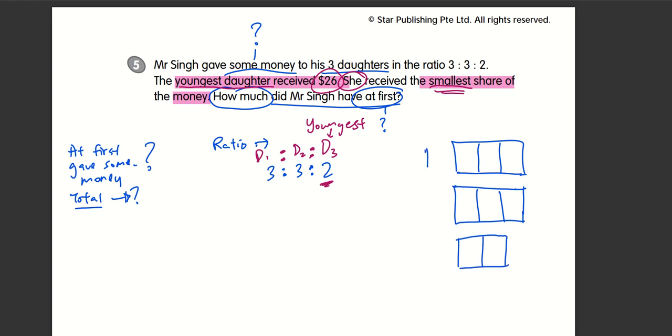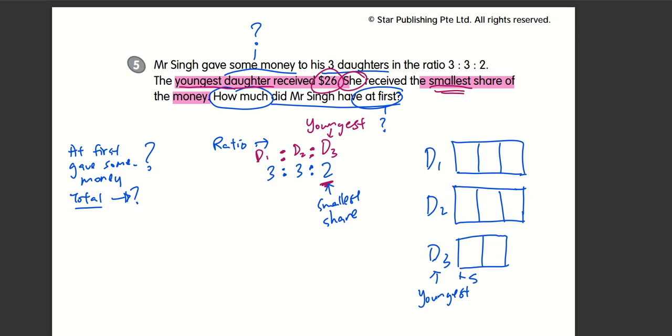So this is daughter number 1, daughter number 2, daughter number 3, and you have to know that this one refers to the youngest. Why? Because it's the smallest share. This is 2 units. So in this case, the smallest share is given.